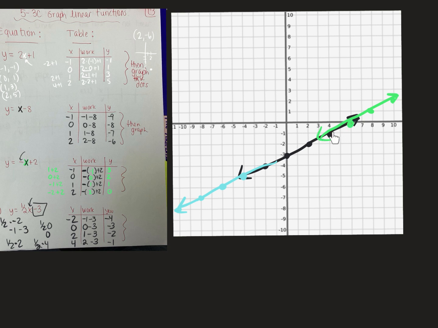So if somebody has the black section, it's the same as the blue section. If someone has the blue section, it's the same as the green section. The line goes forever and ever and ever. These dots are not the only dots. All of these dots are correct, which means we need the entire line, or we need arrows, and the line is the answer. Okay, you are ready to start your homework.